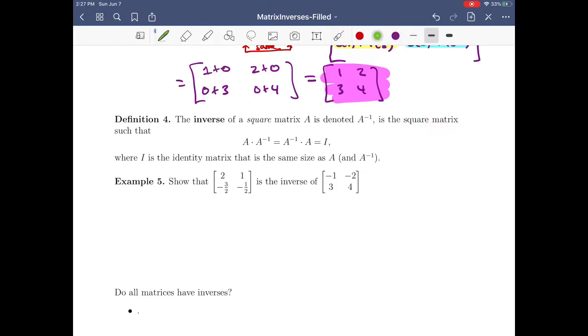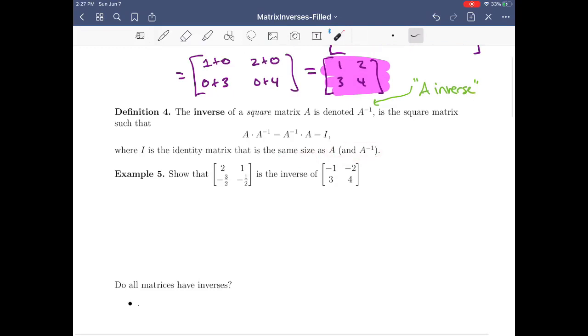So when you read this, you say A inverse. It's the matrix A inverse so that when I multiply the two matrices together, I get the identity matrix, of some size. The identity matrix is going to be the same size as A and A inverse.